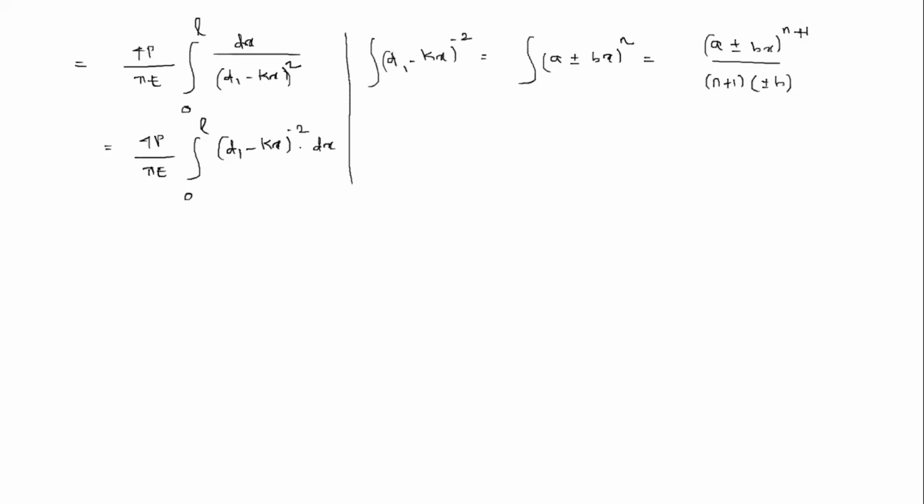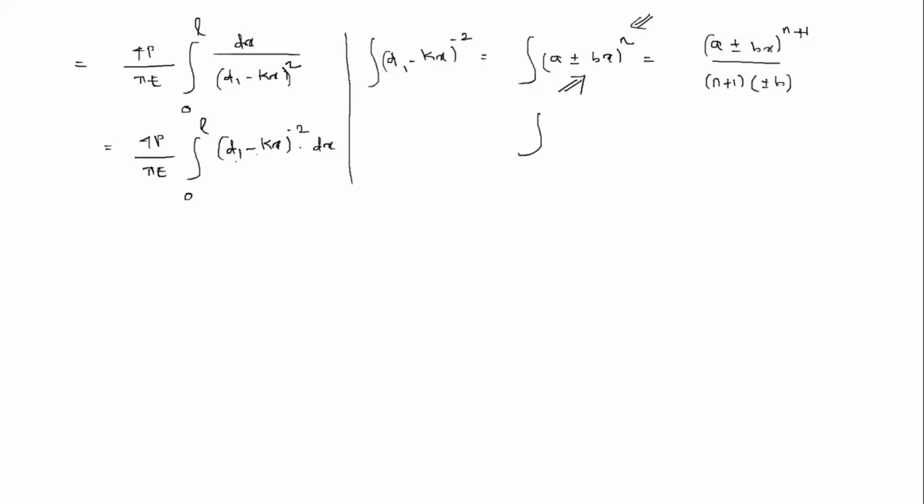This is the answer for this integration. Now we have (d1 minus kx) the whole power minus 2. Here the formula is (a plus or minus bx) the whole power n, which is equal to (a plus or minus bx) to the power n plus 1 divided by (n plus 1) into plus or minus b.